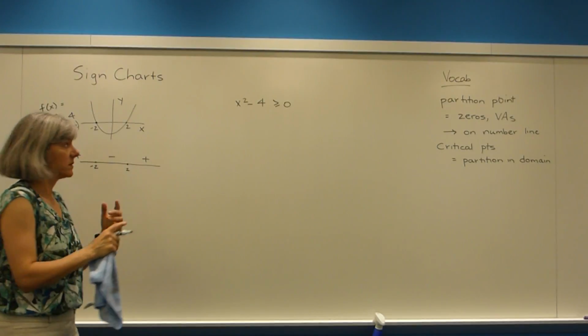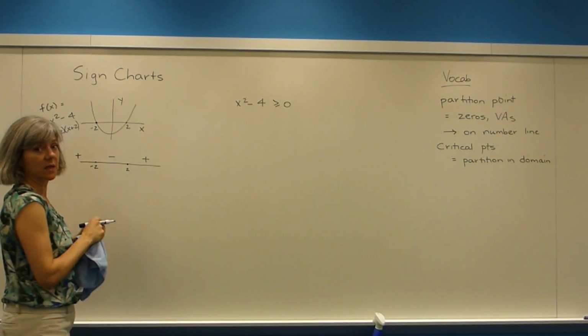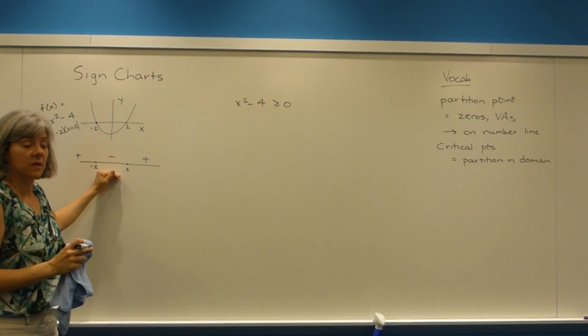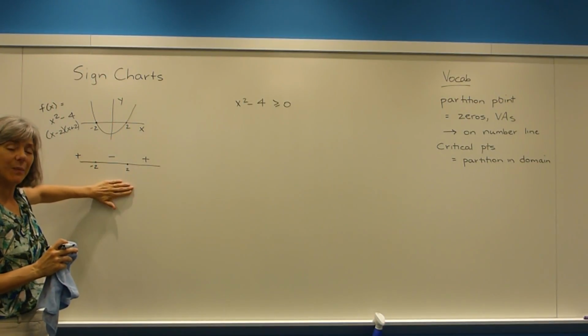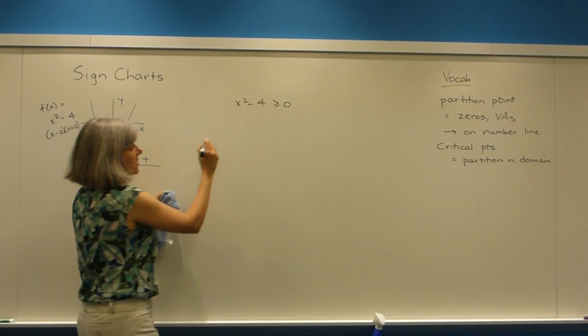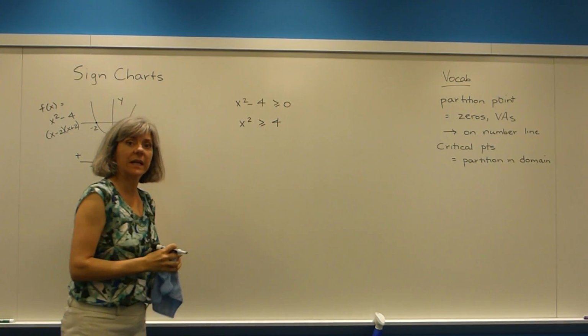I could graph it and then look, right? Here's the graph that corresponds. I could look and see. Or I could just simply do a sign chart, and I don't even have to graph it. And the sign chart becomes a very compact, very quick way of answering a question like that.